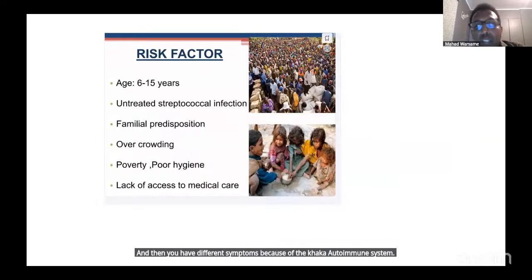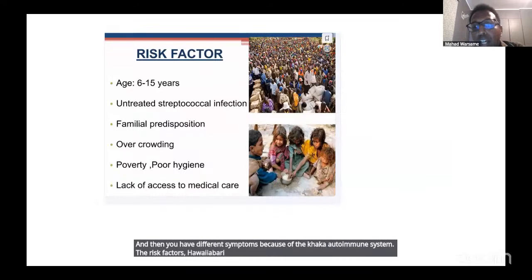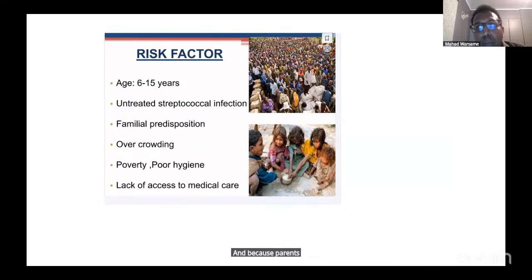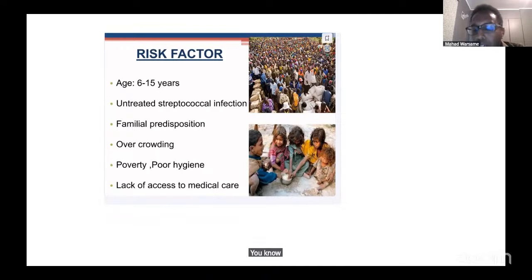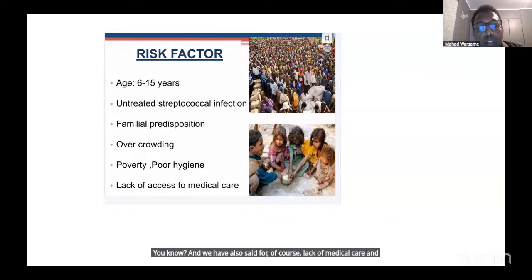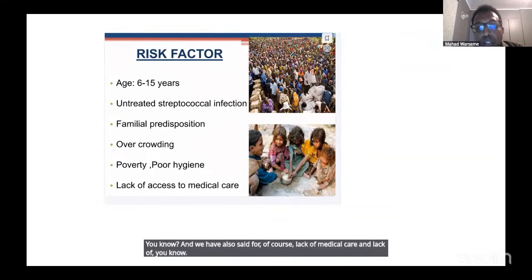The risk factors: of course, it occurs in young children, teenagers and children, and because parents are not informed, or maybe social workers, nurses are not well informed, possibly some general practitioners are not well informed, the throat infection is not treated. And we also have, of course, lack of medical care and lack of a health system, which also contributes.